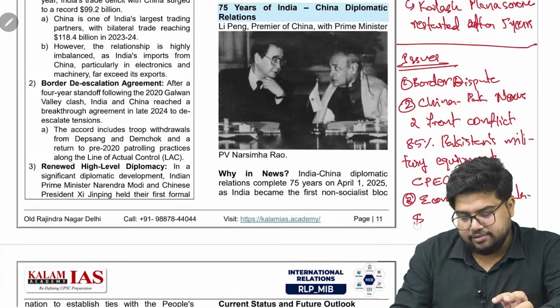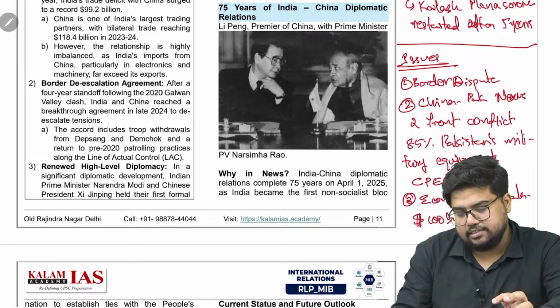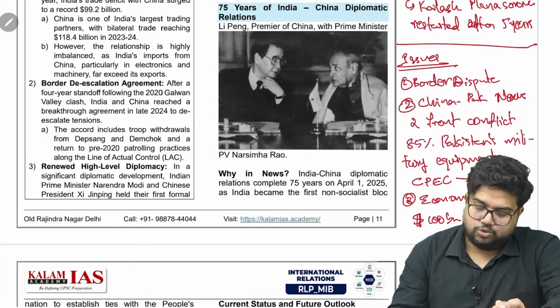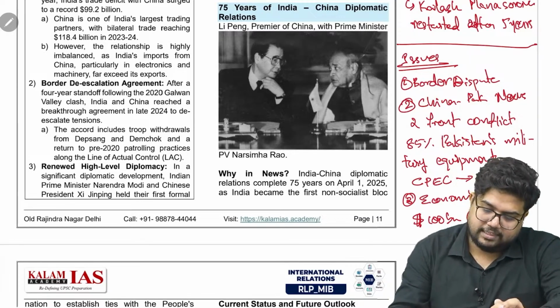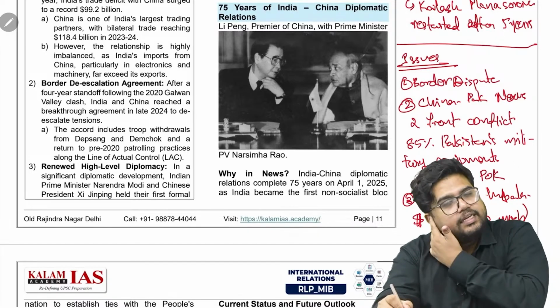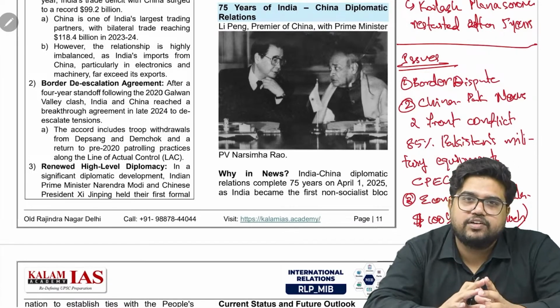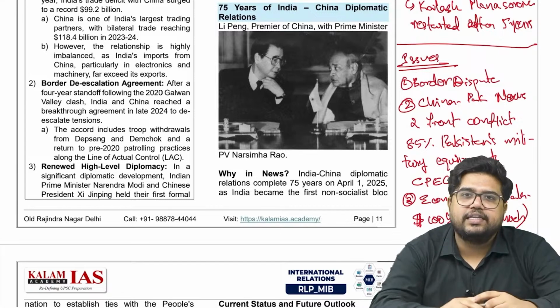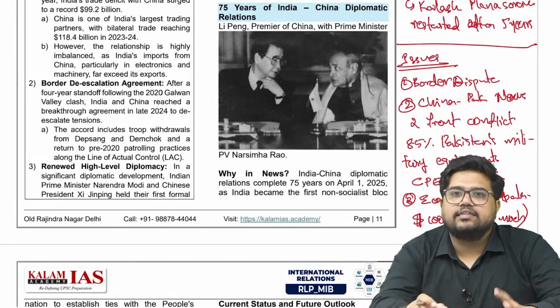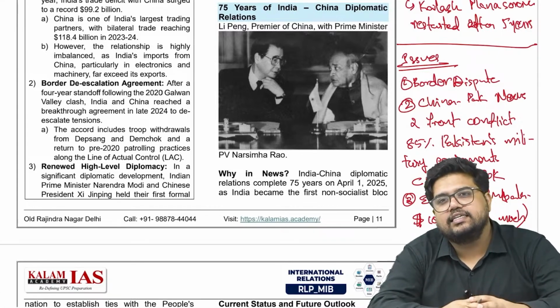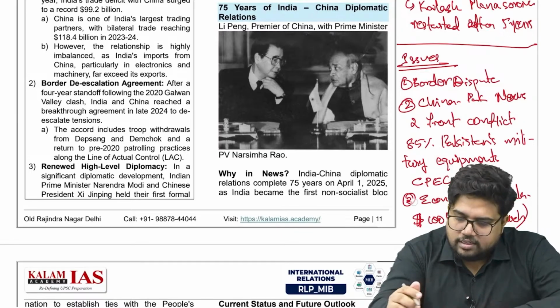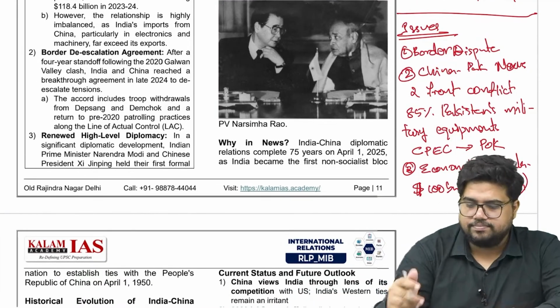If you look at the trade deficit, it has already reached 100 billion. This is too much from the Indian perspective. China still operates in a closed system where its markets are not completely open, while it has greater access to markets across the world even without any trade deals. The same thing is happening with India.